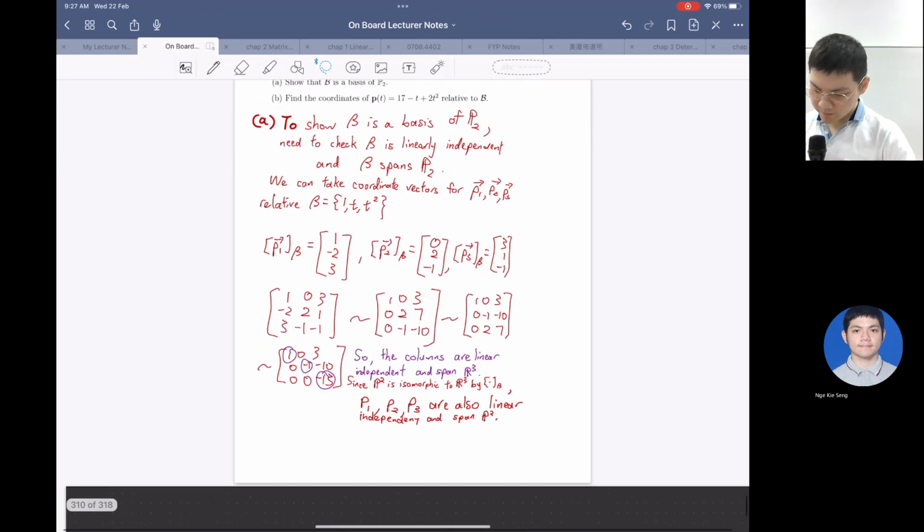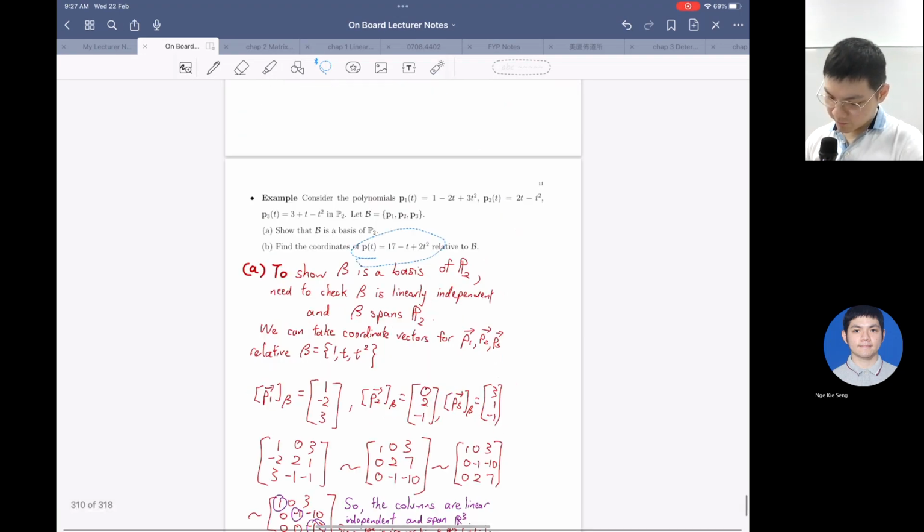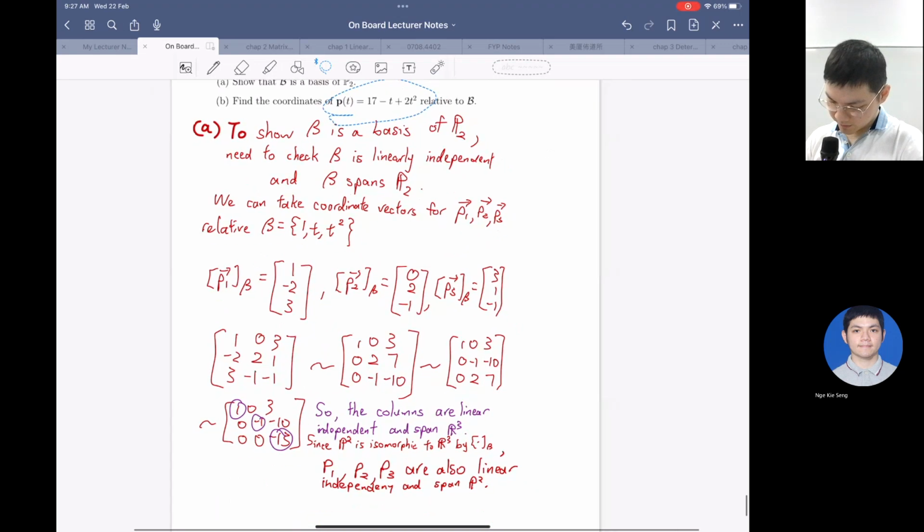So how about the next part? So you want to find the coordinate of PT with respect to B. Okay.